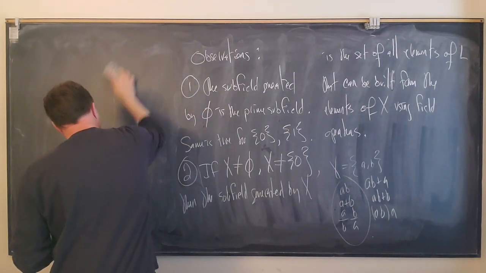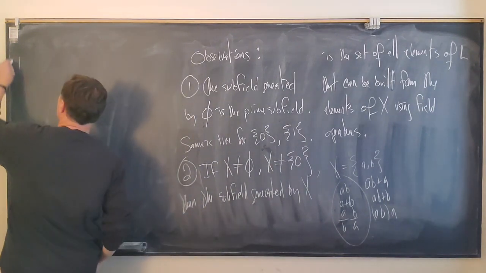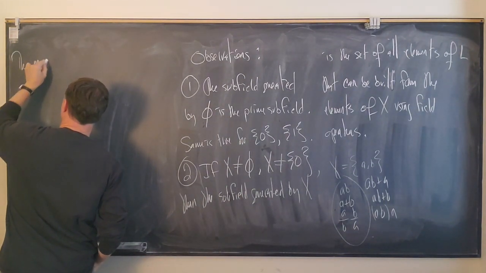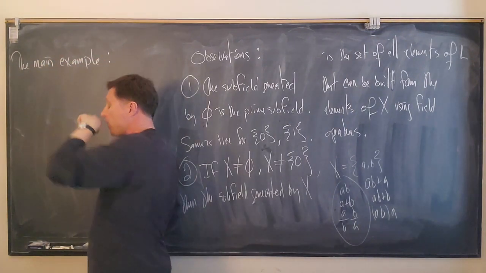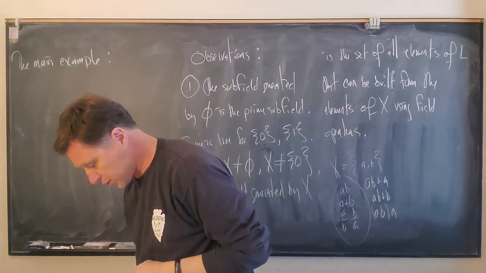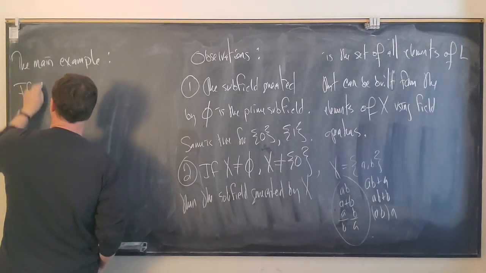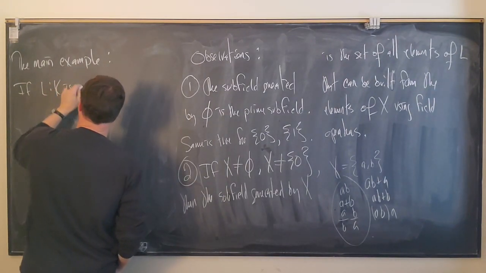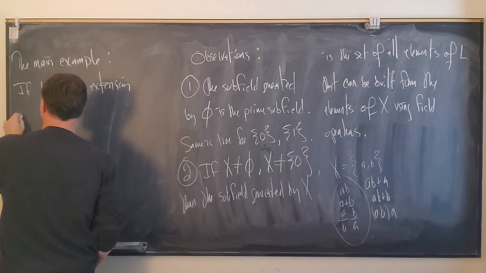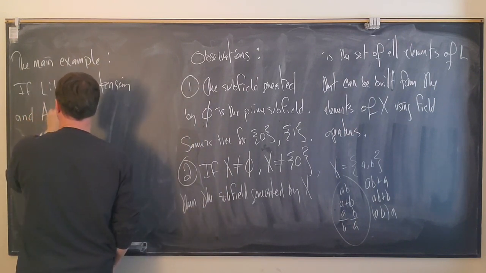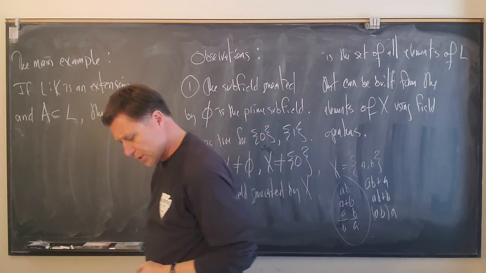Now, here's the important example, the main example, the one that we're going to work with. If L over K is an extension, and A is a subset of L, then we're going to use this notation.